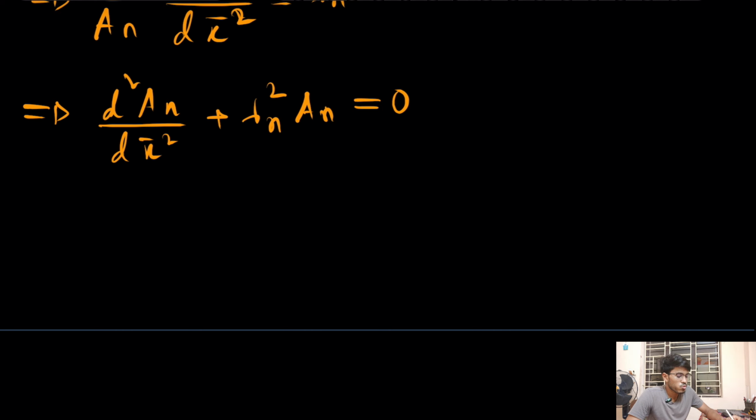What we will do is multiply both sides by am, where m is not equal to n.